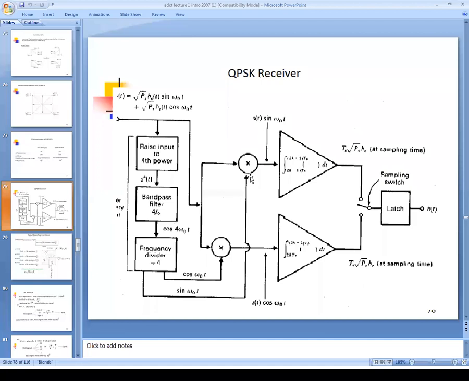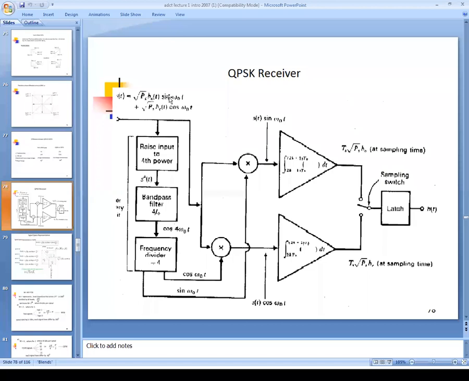Another part is the signal in the block, whose input goes to the fourth power.